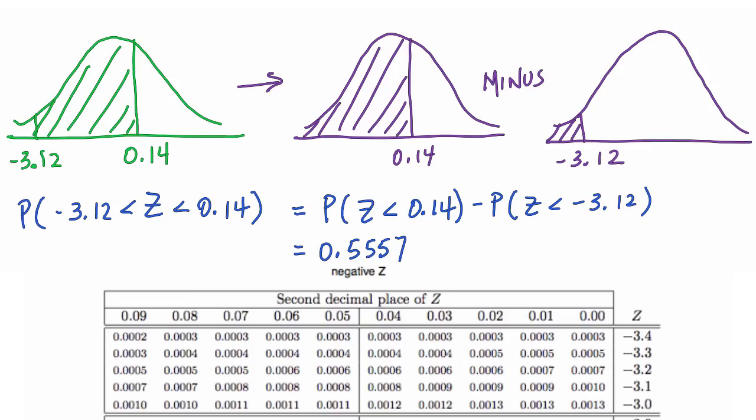And then from the negative z page of the table, we get the probability that z is less than negative 3.12 is 0.0009. And that gives us our final result of 0.5548 for the probability of the region that we want.